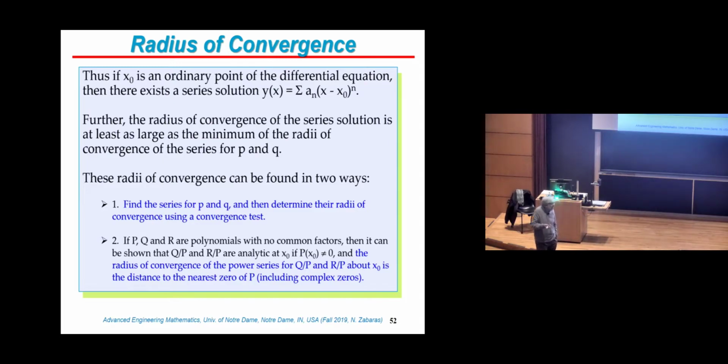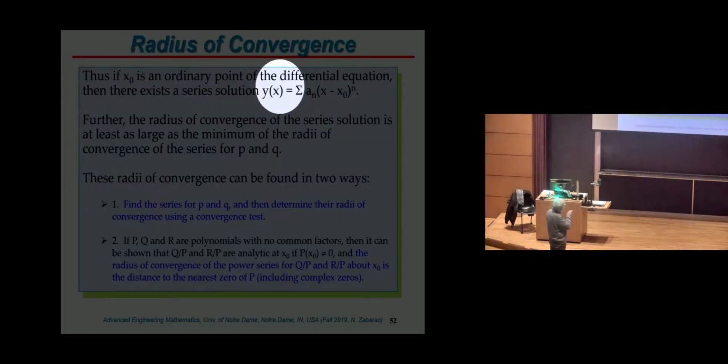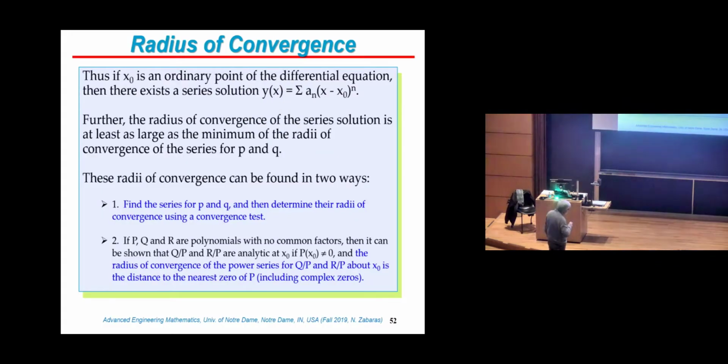The smallest of the radius of convergence of little p and little q. That's the best you can say, right? It may be something different, but the smallest radius of convergence of p and q will actually be the radius of convergence for the solution y. Now, there is another way to compute the radius of convergence, and actually, this is a very nice criterion.